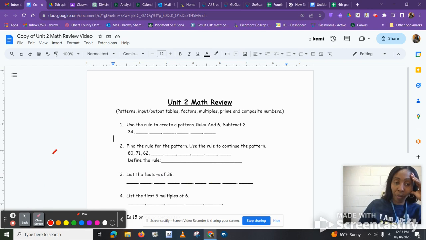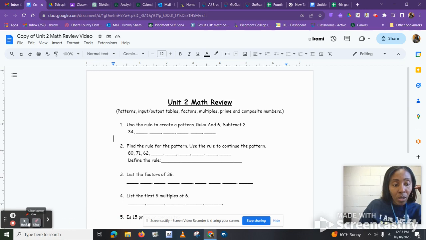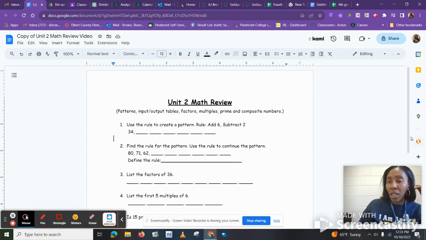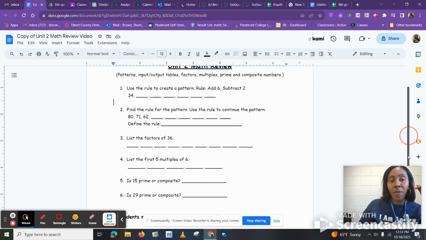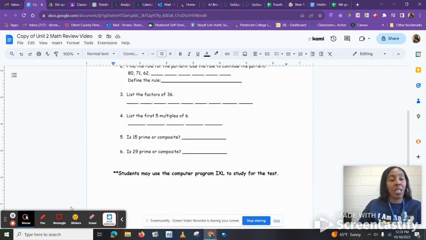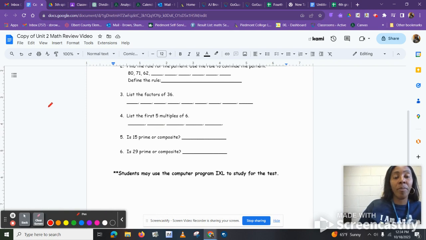So the next one says, list the first 5 multiples of 6. So I'm listing the first 5 multiples of 6. So this is the number that I'm finding my multiples for. So I know the first one would be 6.